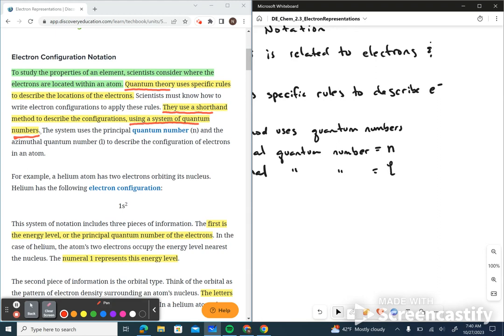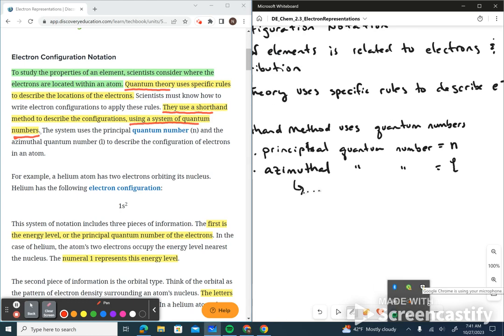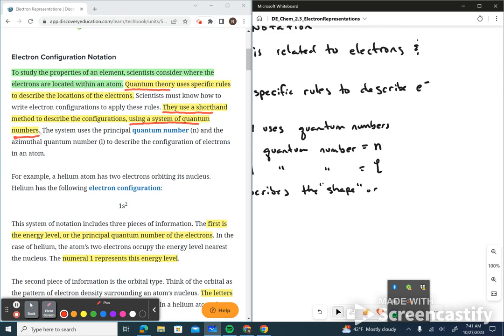And what does this do? This describes the configuration of electrons in an atom, their shape. The shape, or AKA configuration. Okay. Then you also had the magnetic number and the spin number, right?